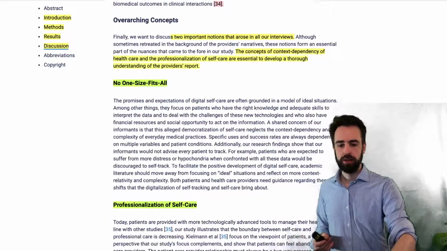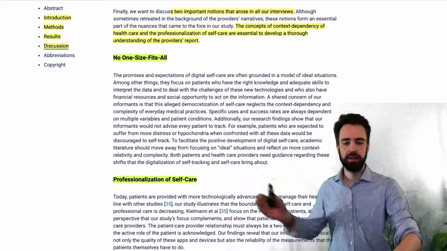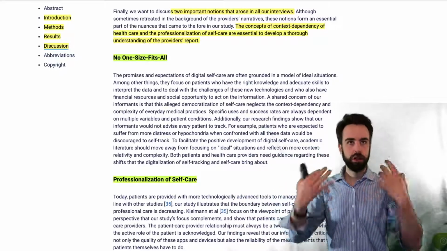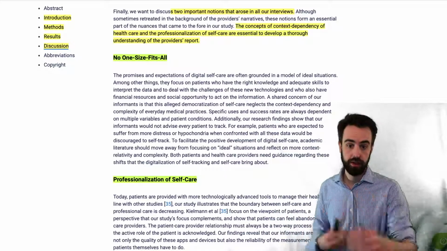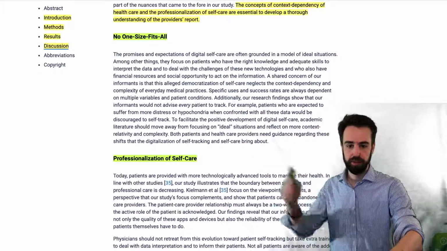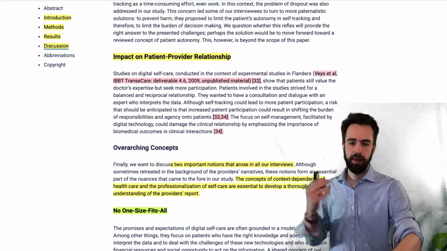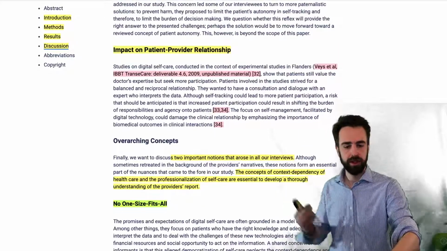All right, so these are the concepts that are then, on a higher level of abstraction, interpreted on the basis of this current study. So the professionalization of self-care, no one size fits all, impact on patient-provider relationship, and so on.